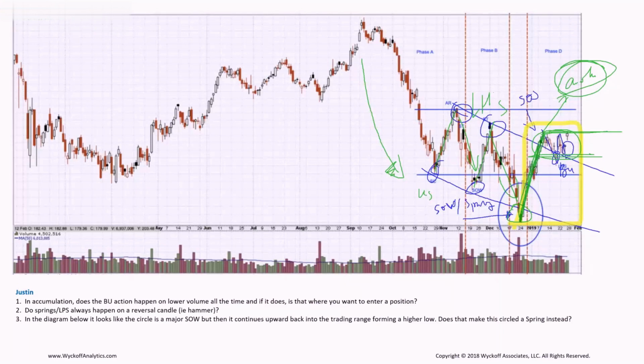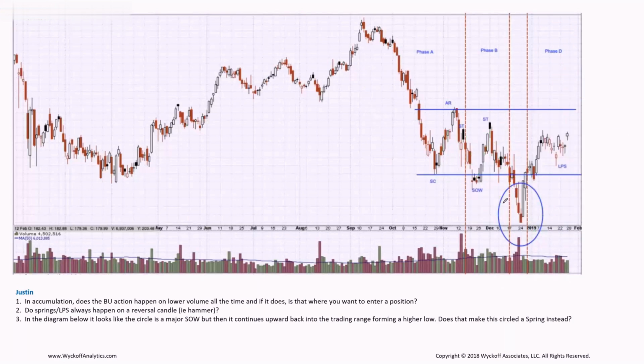Best rally and then very shallow reaction suggests that the bias is actually to the upside. And if the bias is to the upside and we look at the area of support and see the price just temporarily committing below, then this is most likely a spring and not a sign of weakness.